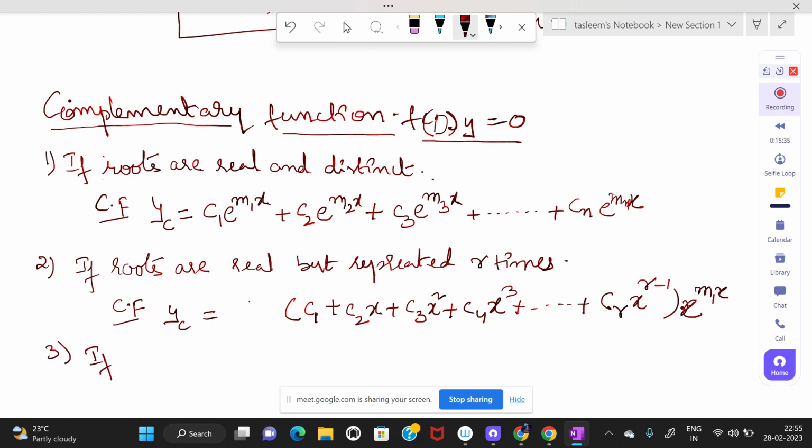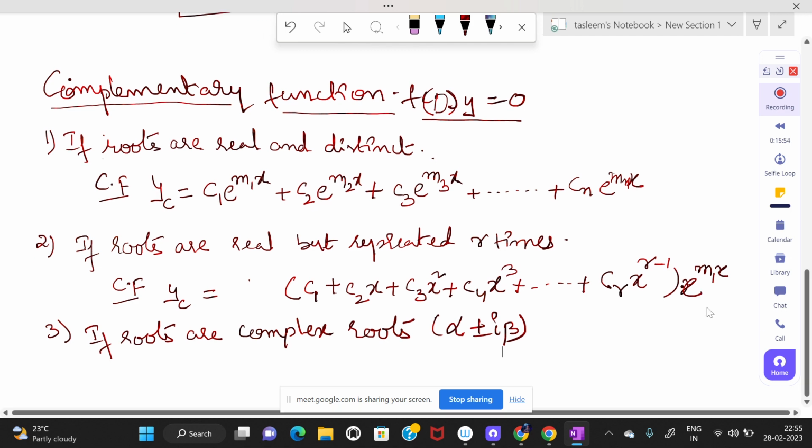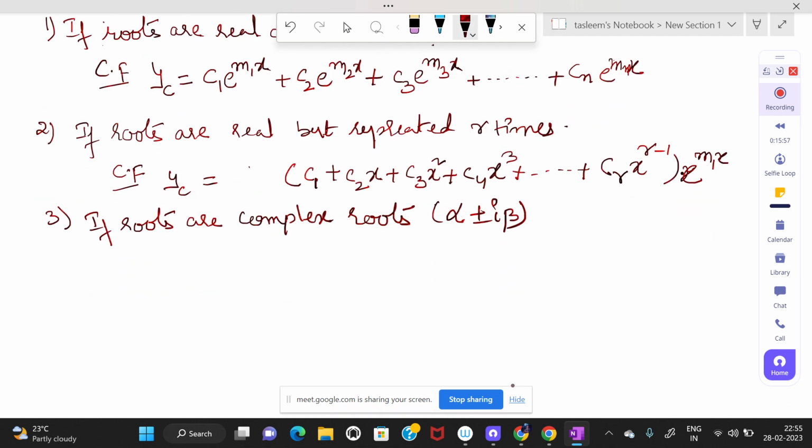Next, your third one. If roots are complex roots, which will be in the form of alpha plus or minus i beta, where alpha is the real part and beta is the imaginary part, how are you going to represent your complementary function?